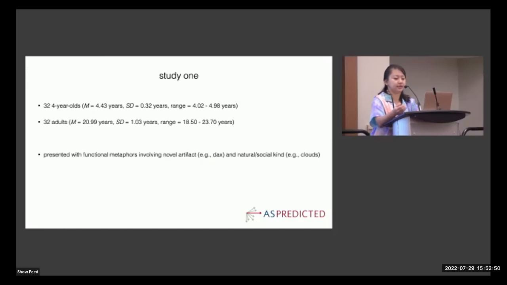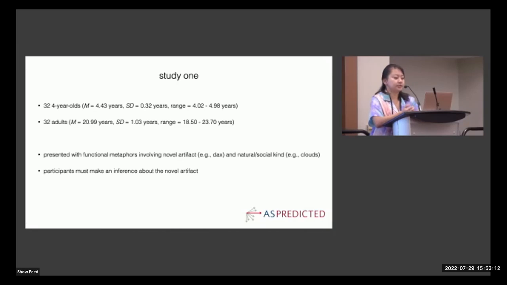We wanted the utterances to sound something like Juliet is the sun rather than Juliet is a girl. The way we did that was making sure that the superordinate categories were different, so we were always contrasting artifacts with natural or social kinds.